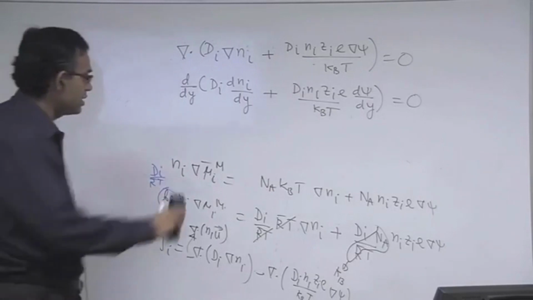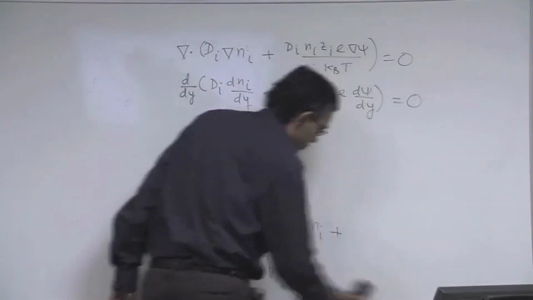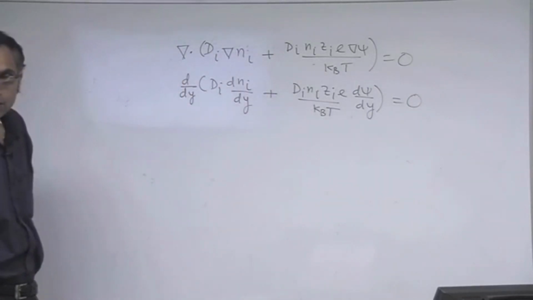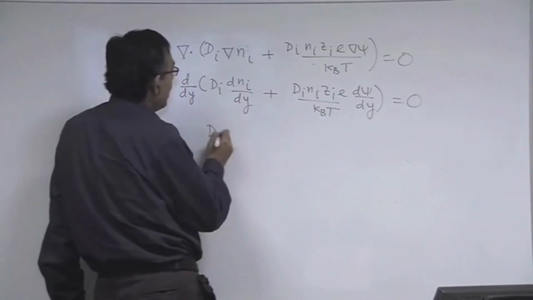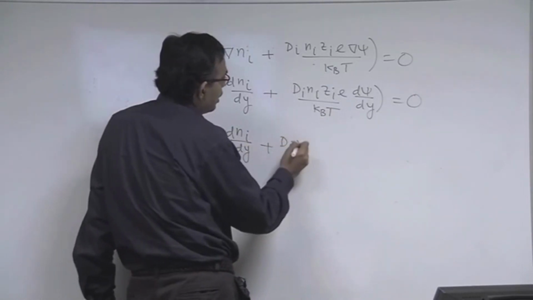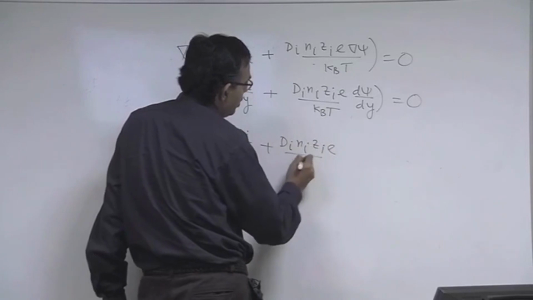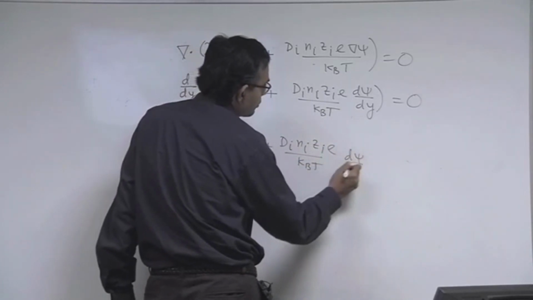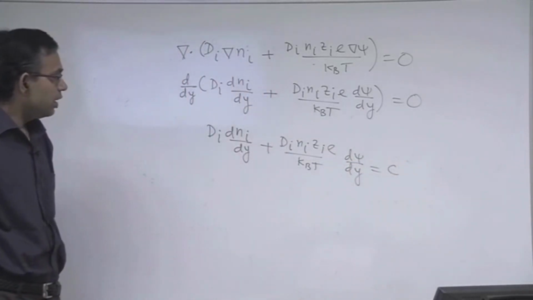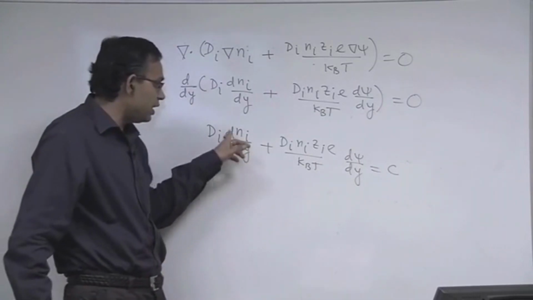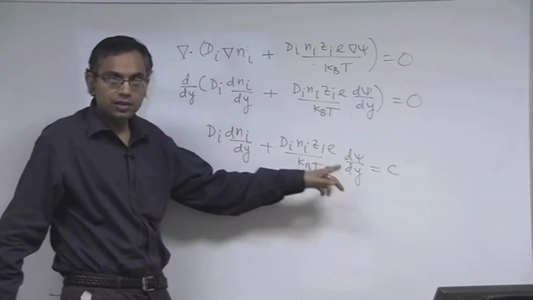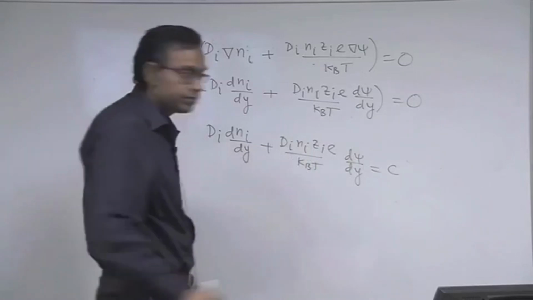Now if you integrate it once, you will get Di dNi dy plus Di Ni Zi e by Kb T d psi dy is equal to constant, right. Now you know that wherever dNi dy is equal to 0, d psi dy must be 0, right. That means C will be equal to 0.